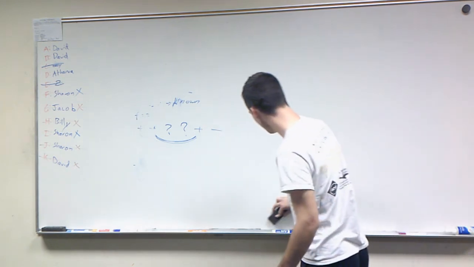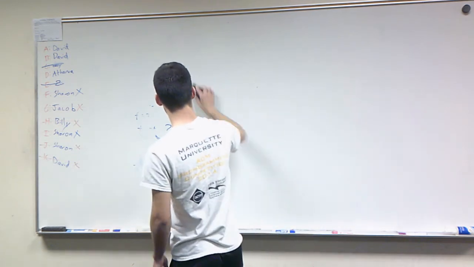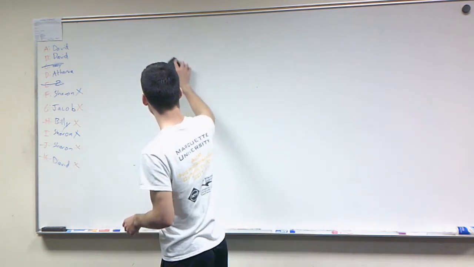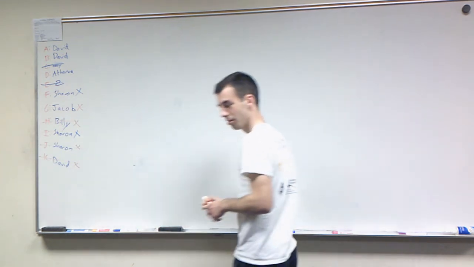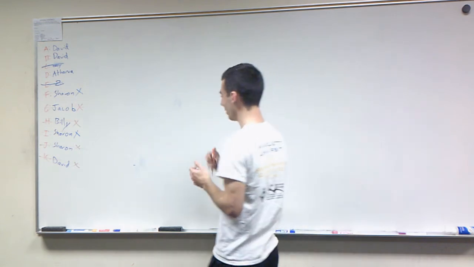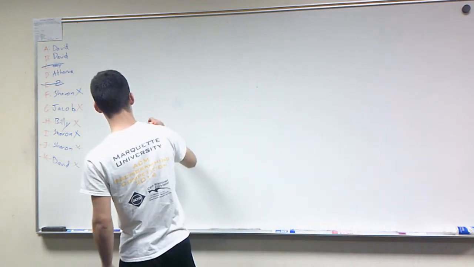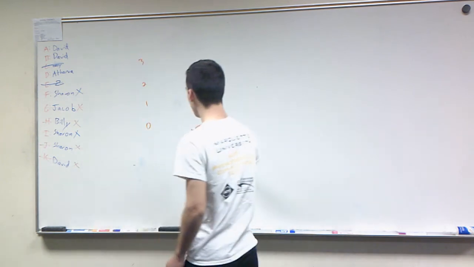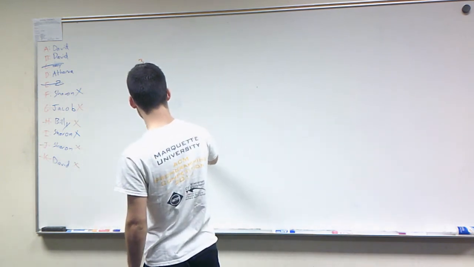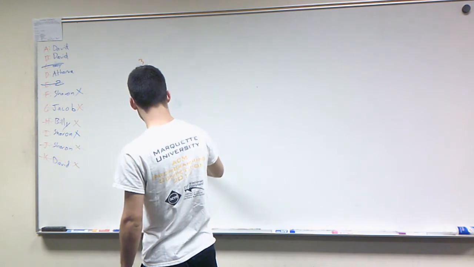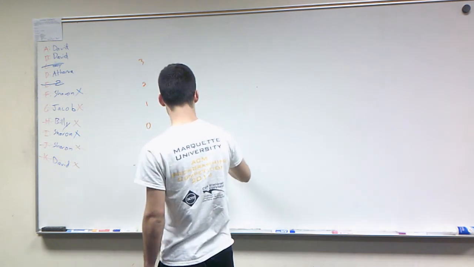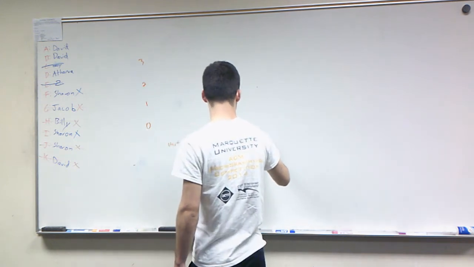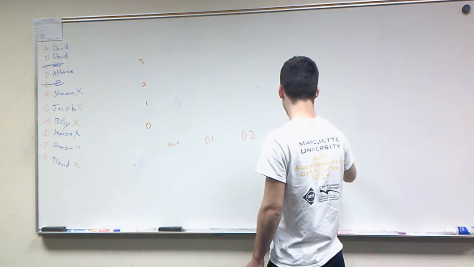For problem A, you are competing in some tournament where people have points. So you might have 0 points, 1 point, 2 points, 3 points, and now you have a couple of days. So this is the start, and then this is going to be day 1, day 2, day 3.